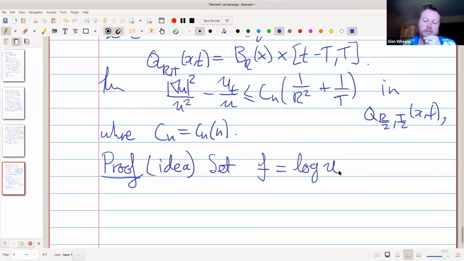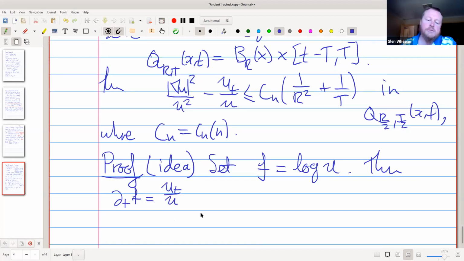And that's well defined because u is positive and smooth as we like. Okay. And then we should probably work out equations and relations that f satisfies. And I think this is very similar to what Ben did, but he did the elliptic version.